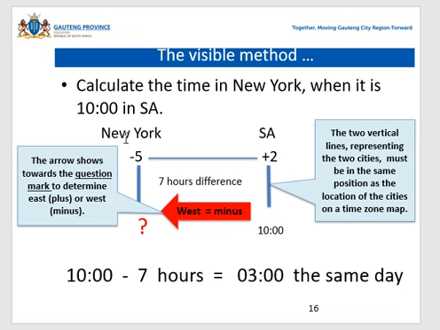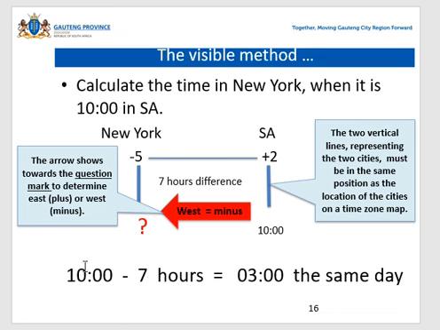Now, do I know the time in New York? No, I don't know the time in New York. That is why there is a red arrow, question mark, sorry. Now I draw an arrow, this big red one, from the time that I know to the question mark. This is going to determine what you are going to do with the time difference. The arrow shows towards the question mark to determine east or west.